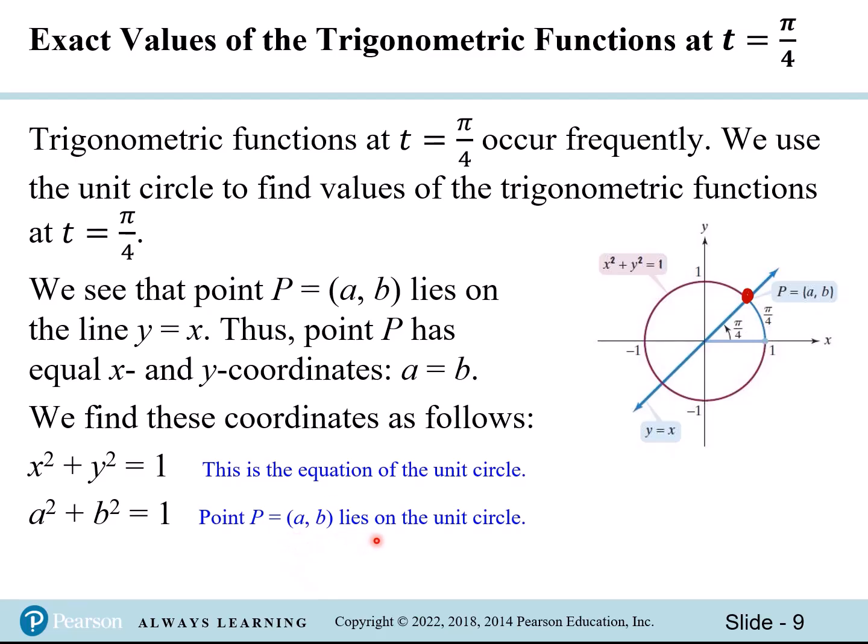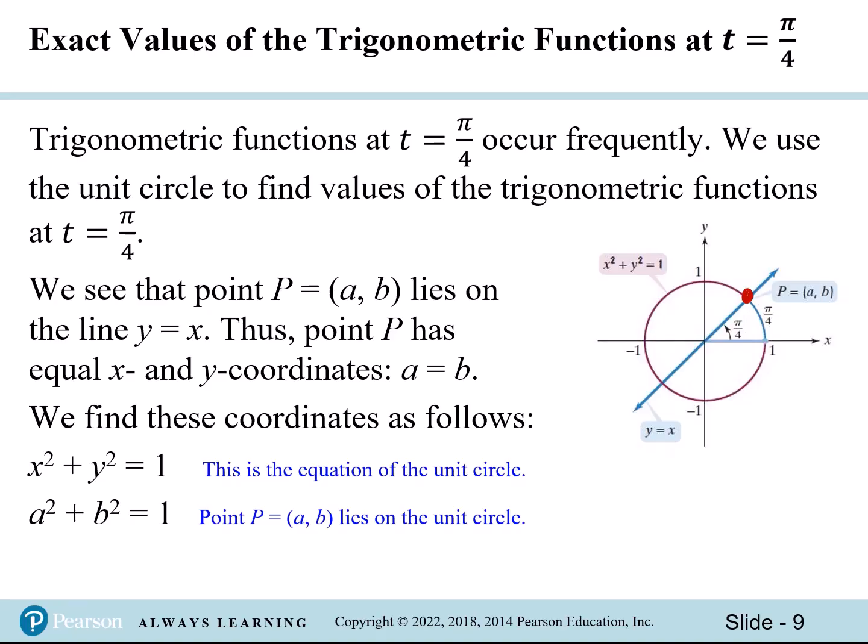Now I'm going to move on to the next slide and explain how to find the values of the trigonometric functions, given that the coordinates of the point P for a pi over 4 radian angle are going to be the same. But what exactly is it going to be, right?